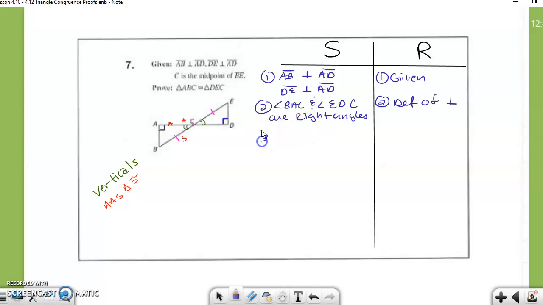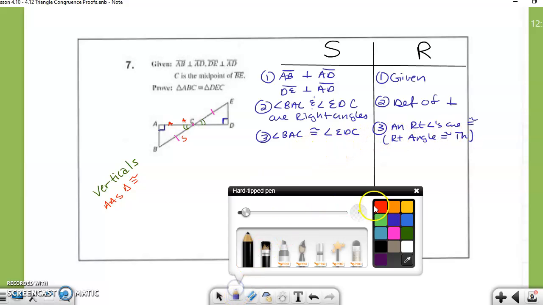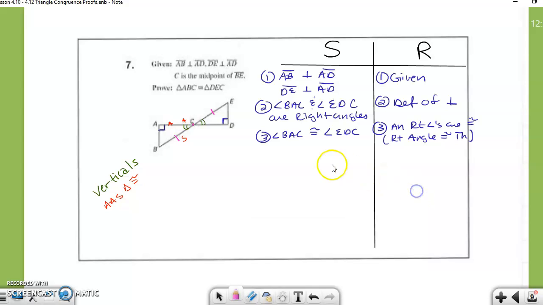Well, that leads me to be able to say that angle BAC is congruent to angle EDC. All right angles are congruent. That's actually the right angle congruency theorem. That's what it states. All right. So I've used up that given information. That was what it allowed me to come to.